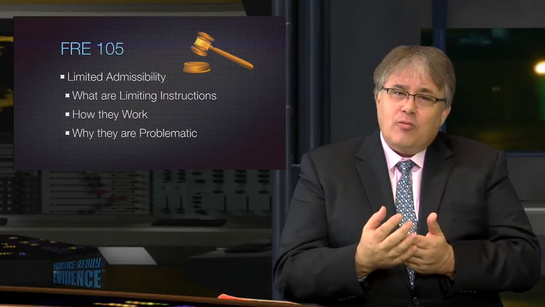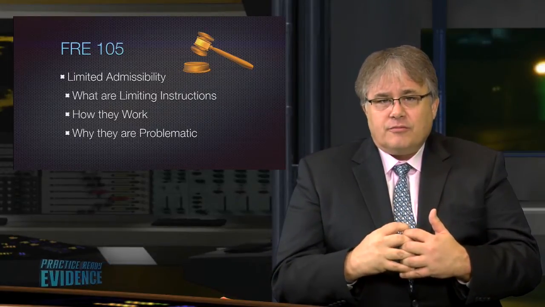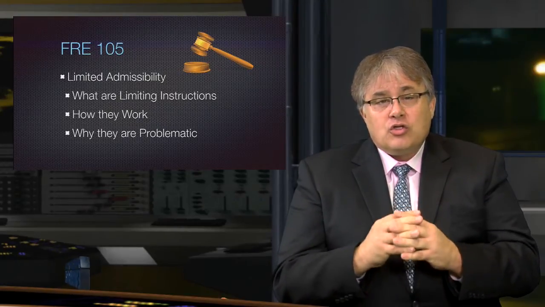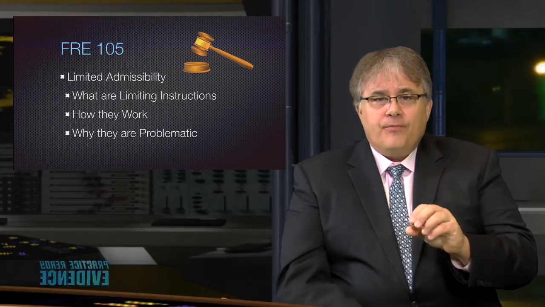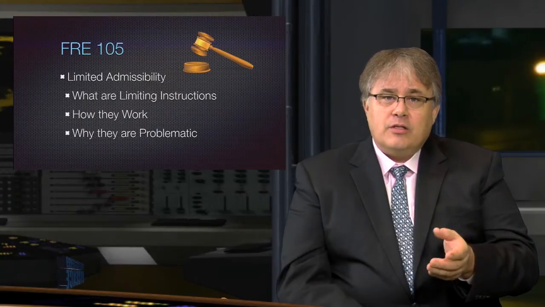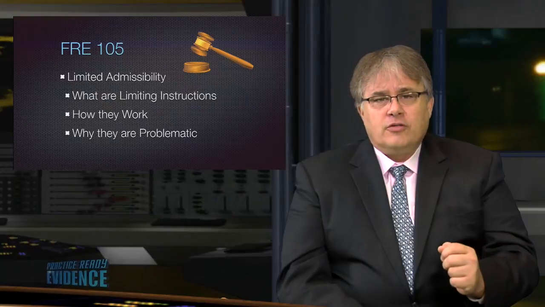If it's in for one reason but not for another, at the request of counsel, the judge can give a limiting instruction to the jury concerning that piece of evidence, specifically telling the jury that they may use this evidence in one way in their deliberations, but are not allowed to use the evidence in another way for their deliberations.